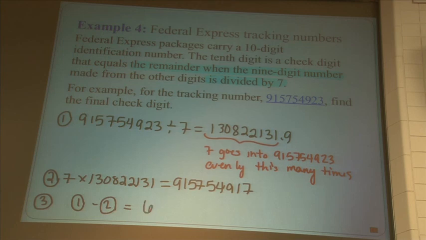So 6, since that's the remainder, is your check digit. So that's how you do it when you have some ugly number and you have a calculator, because it won't automatically tell you what the remainder is. You got to calculate the remainder yourself.